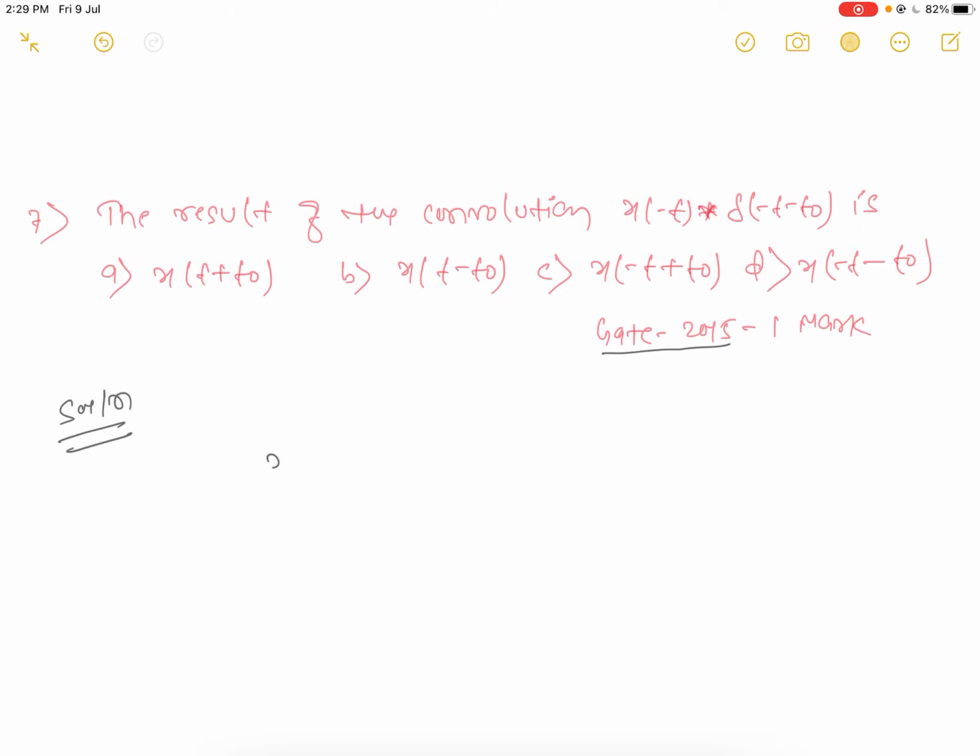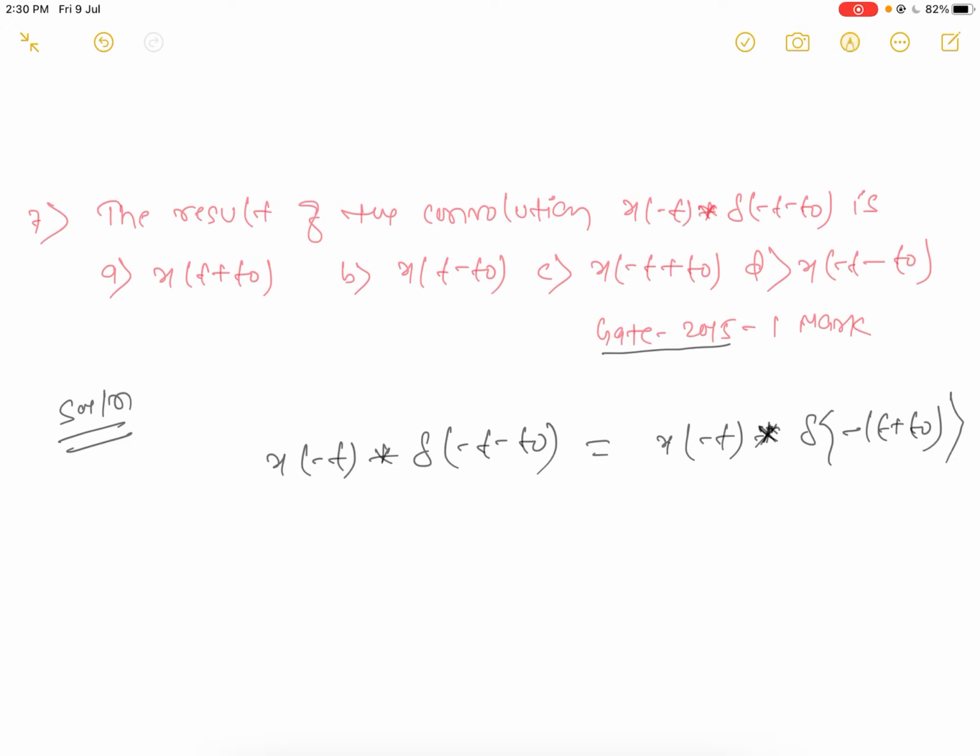Come to the question. We have to find x(t) convolution delta(t minus t0). Then we can write x(t) convolution delta(minus t plus t0).